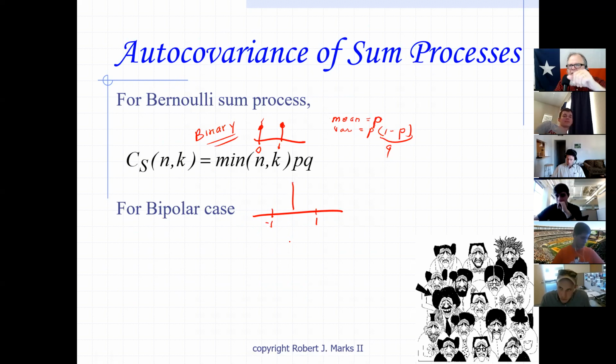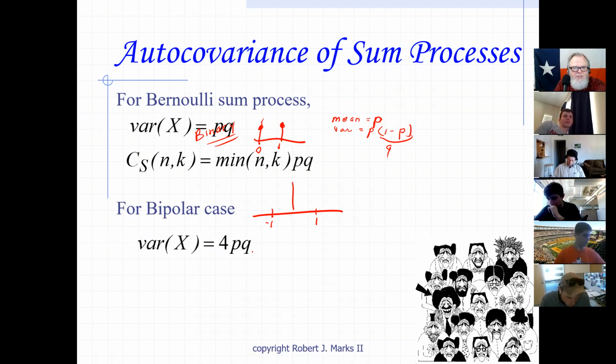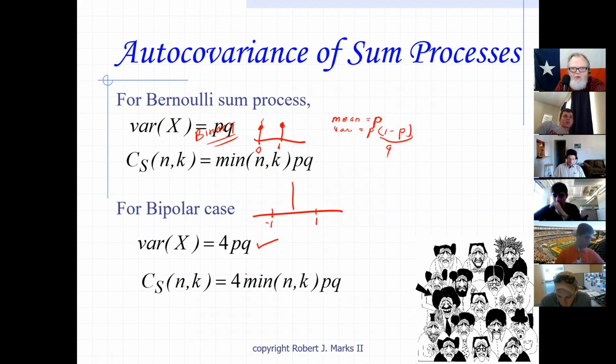Because the Drunkard's Walk can either go -1 or +1. And it turns out the variance for the bipolar case is equal to 4pq. And that means that the autocovariance for the bipolar case, if we do a sum process, is equal to 4 times the minimum of n and k times pq.